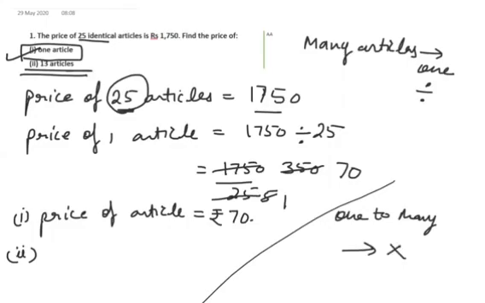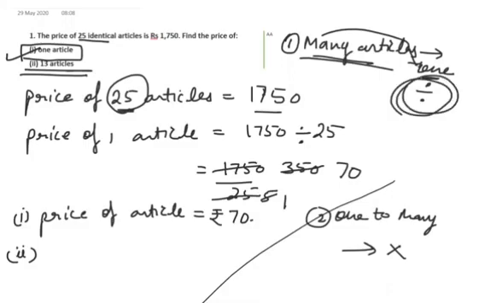I have told you two different and very important rules. The first rule: when the price of many articles is given and you want to go from many to one, you just have to divide. If you are going one to many, you have to multiply.